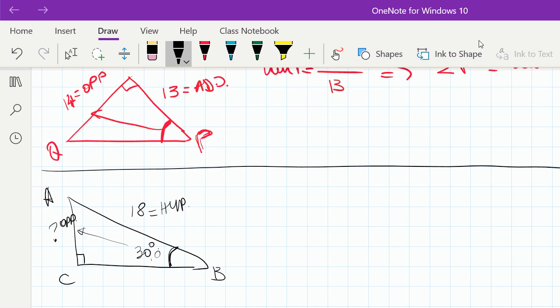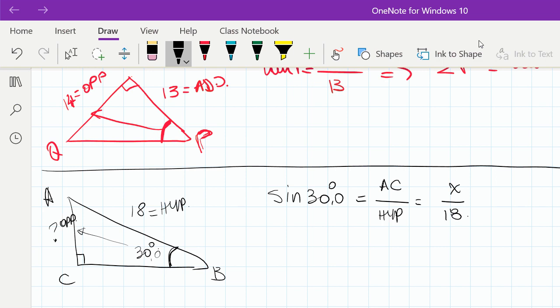Okay, so now again, the question will be, what is the trig ratio that relates the sides and the angle that we are looking for? So in this case, it will be sine. Sine of 30 degrees is equal to whatever we are looking for over hypotenuse, or x over 18.